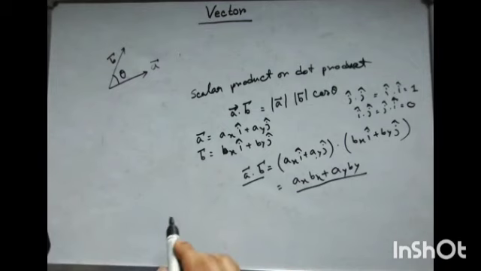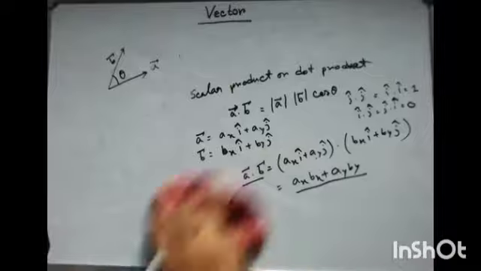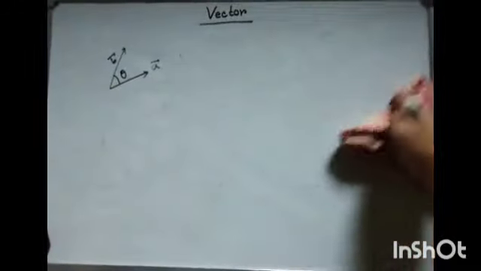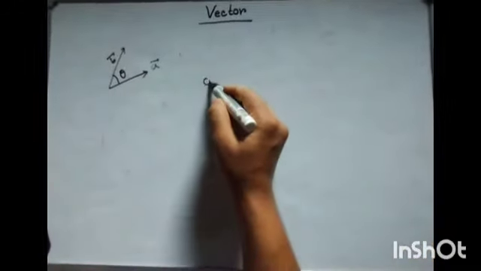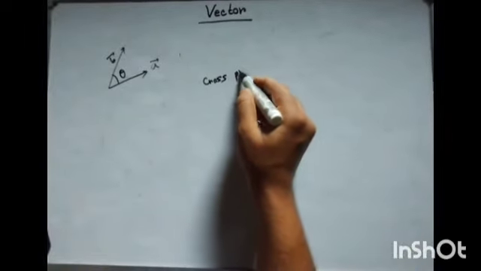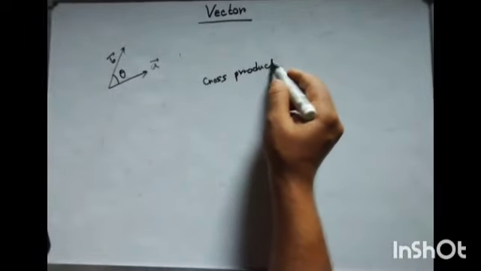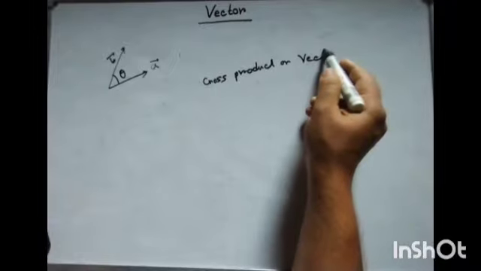And another one is cross product, another type is cross product or vector product.